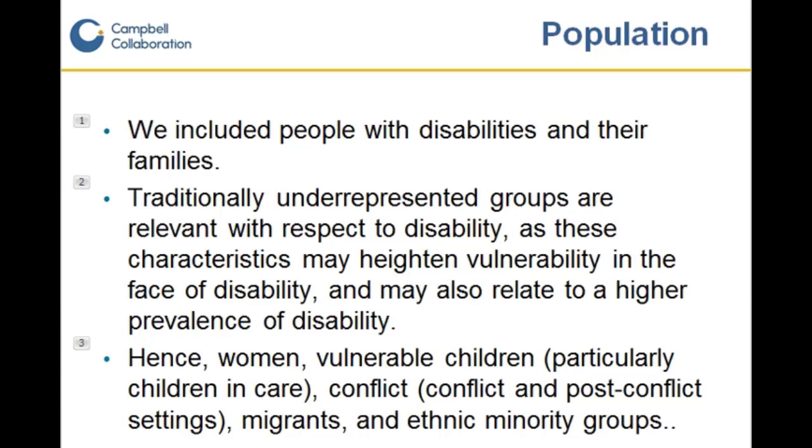Also, there are traditionally underrepresented groups that are relevant with respect to disabilities because they might be more vulnerable in the face of disability, and it is noted that they may also relate to a high prevalence of disability. So we included them in our EGM as a population subgroup, and that includes vulnerable children, especially children in care. We included conflict affected regions, migrants, refugees, ethnic minority groups, as well as women.